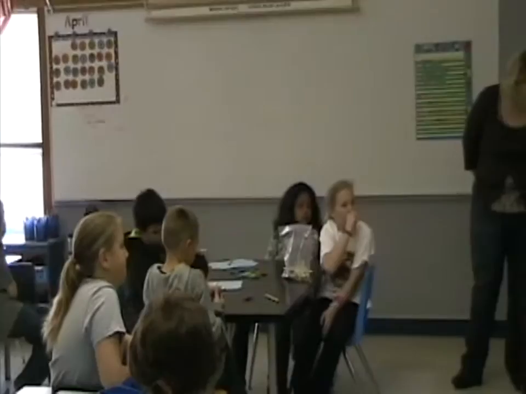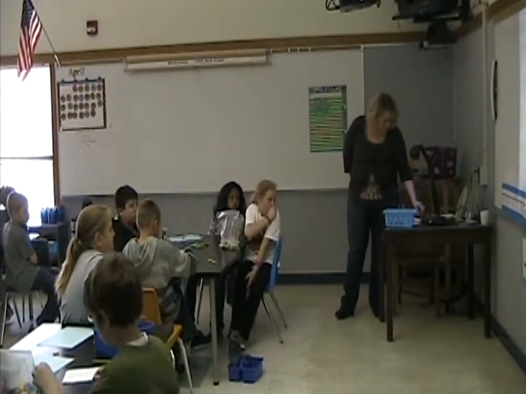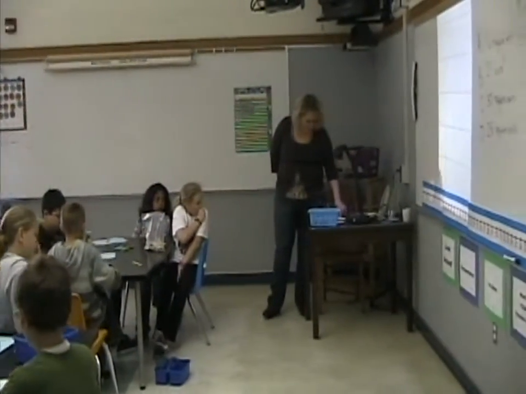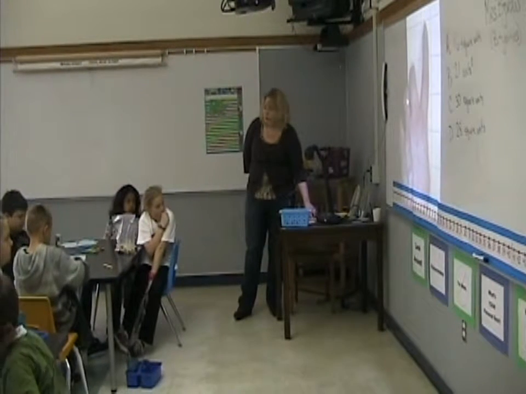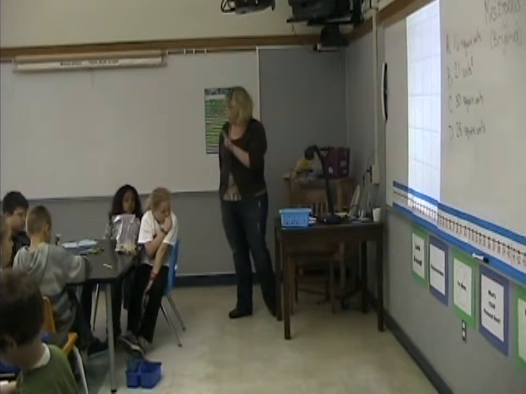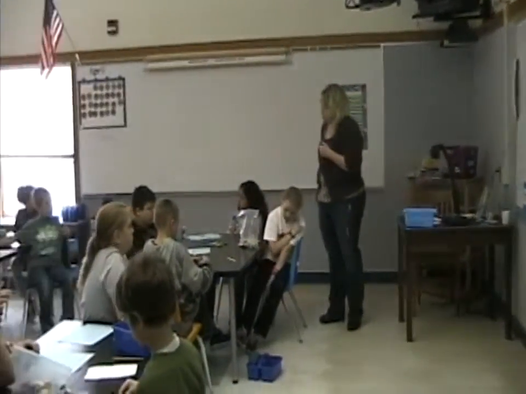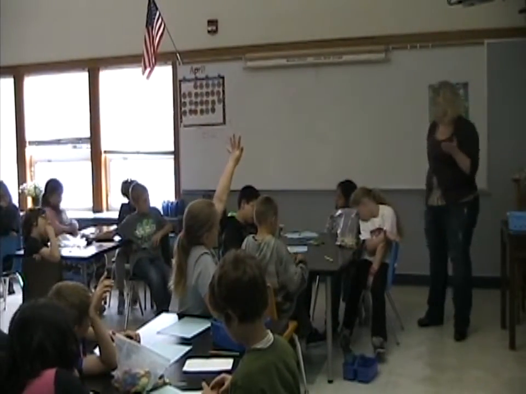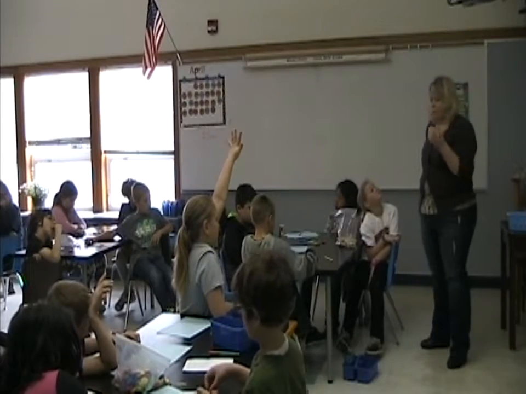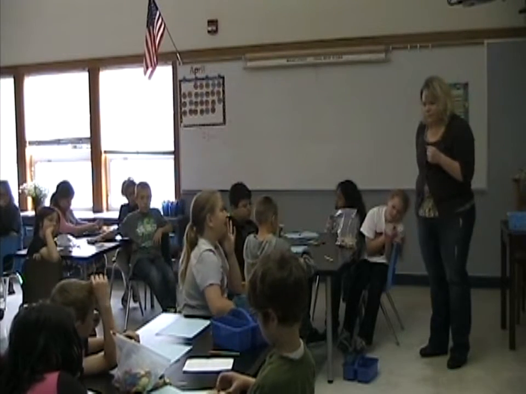Okay, so on shape C, which is this one, you counted them and then you timesed it. So you multiplied. So that's kind of like your multiplication arrays that you learned earlier. That is awesome. And what did you do?